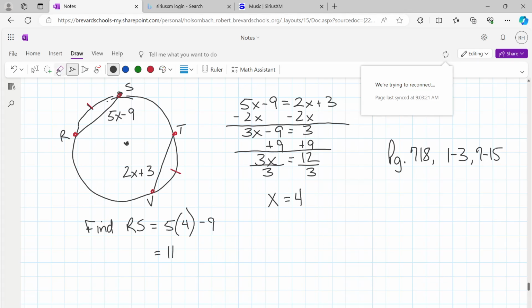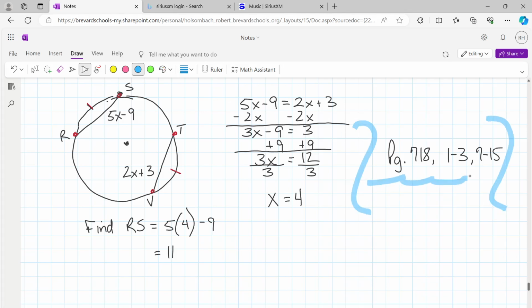All right, again, make sure you're checking your odd answers in the back of the book. You're completing your practice problems today and your electronic assignment tonight.